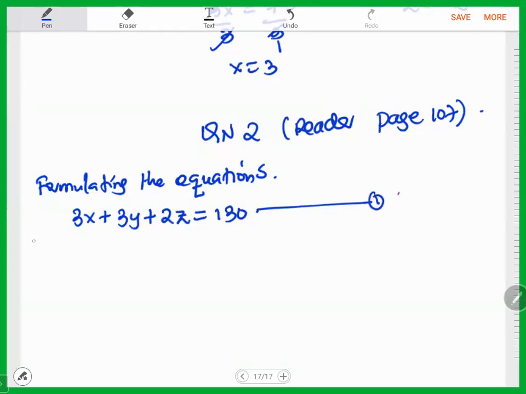The second equation, this is process A. Process B, which is 3x plus 2y is equal to 85.